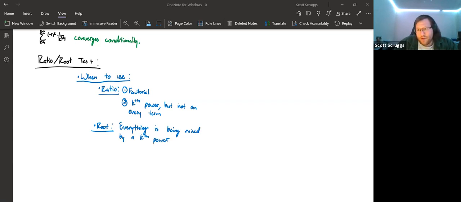That would be when I would use a root test, because root test means I'm taking a K root, which means I can get rid of the K power from that. So with that, let's do a problem with one of these two.